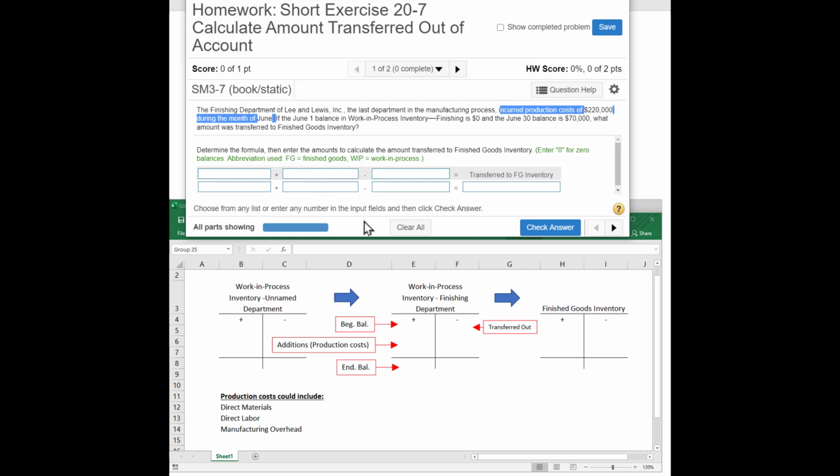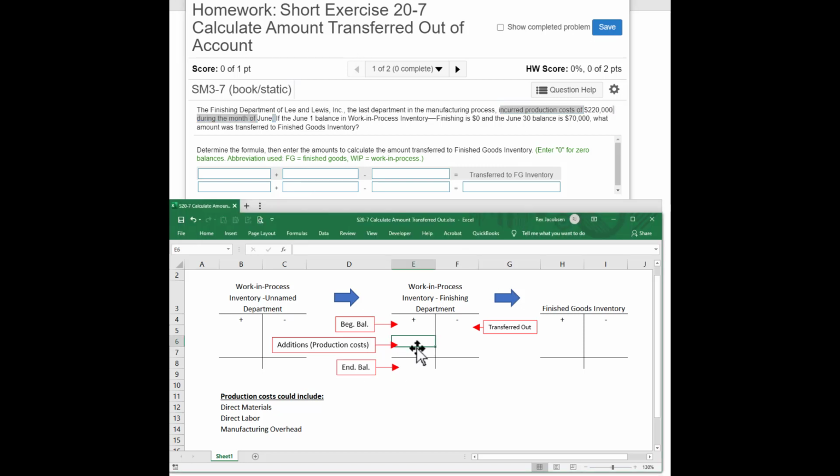If they incurred some production costs, where would that go? That goes right here. $220,000. Let me move this down, and move this down.